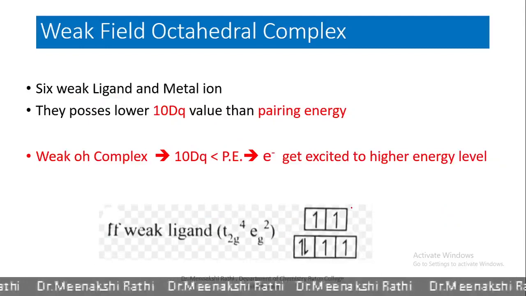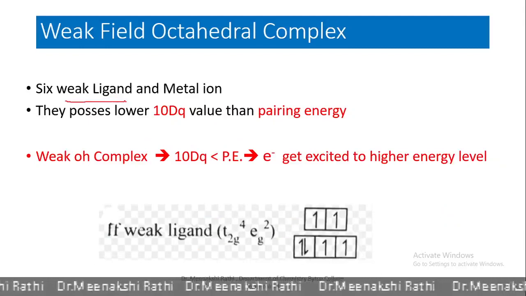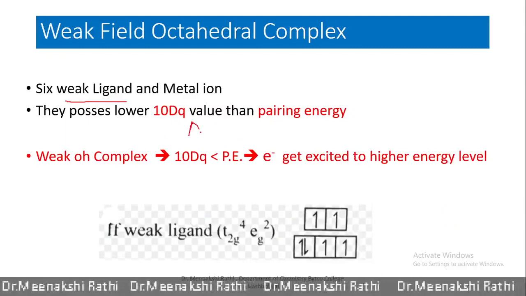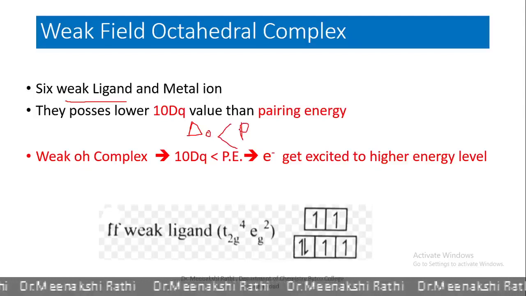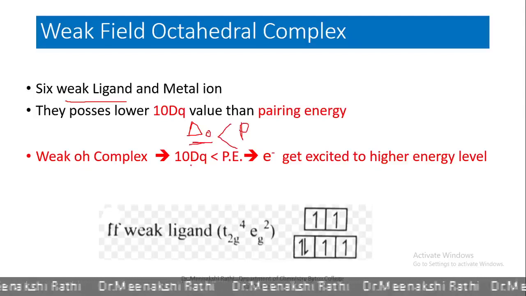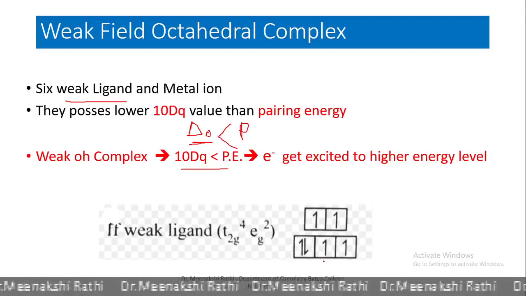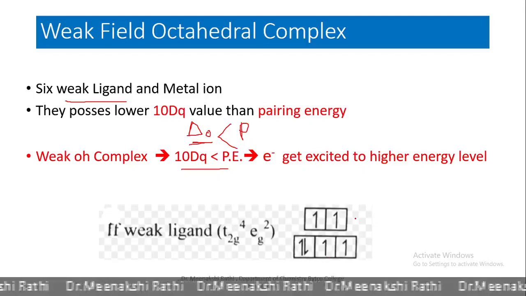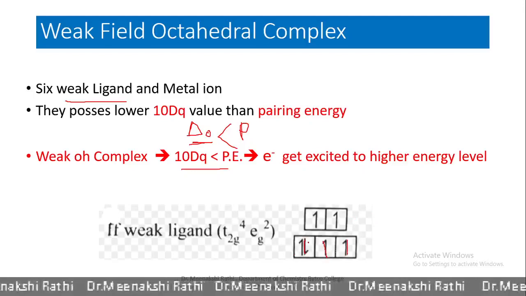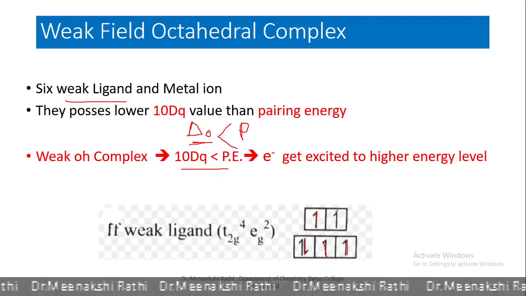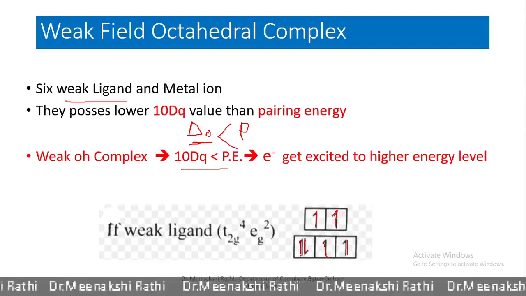In another case, if the ligands are weak, that means pairing energy is more. That means splitting is less. If splitting is less, then the 6 electrons prefer to jump. So first they will fill 1, 2, 3, then they will go up, and the 4th, 5th and 6th electrons will come here.